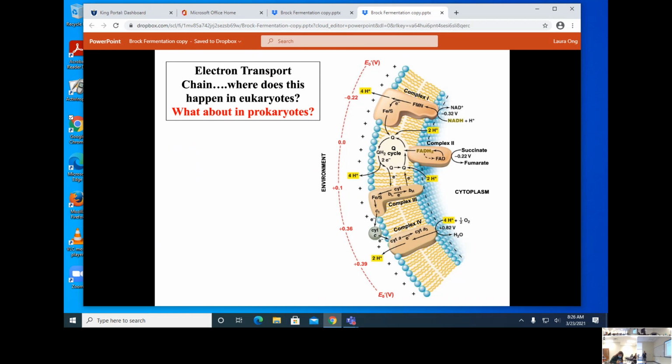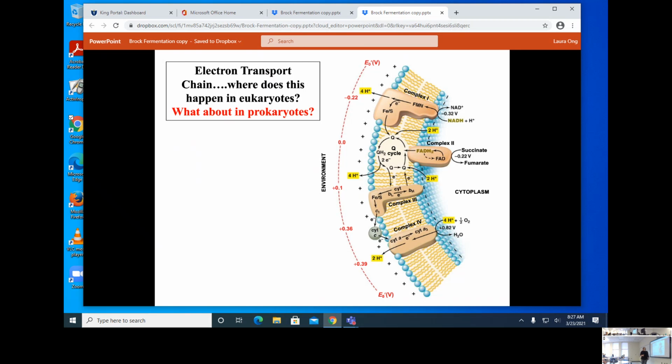Where does the prokaryotic electron transport chain happen? In their plasma membrane, because they don't have mitochondria. They don't really have any other membrane to put electron transport chain proteins in or to pump protons across.